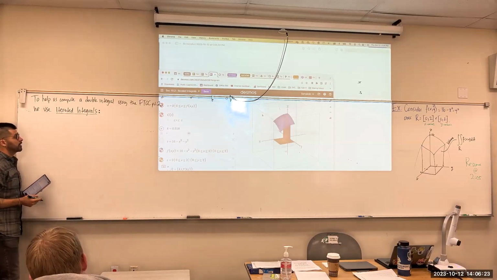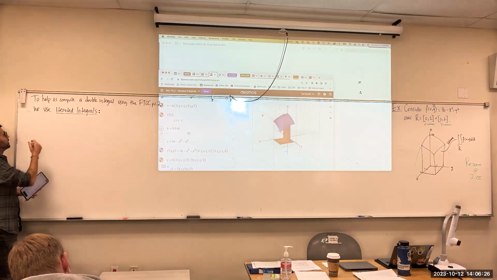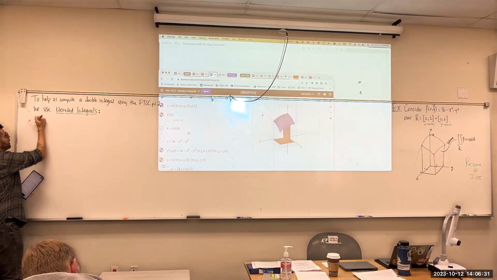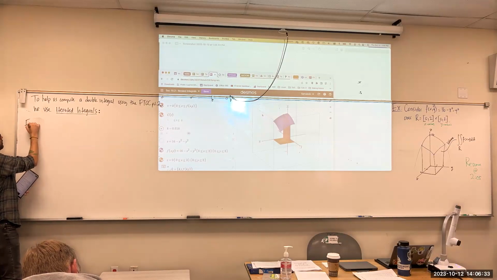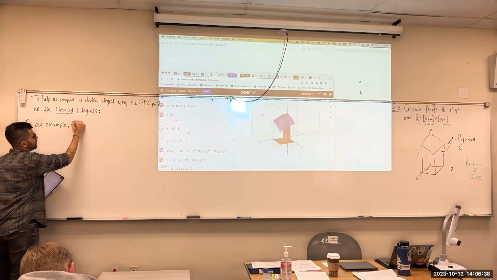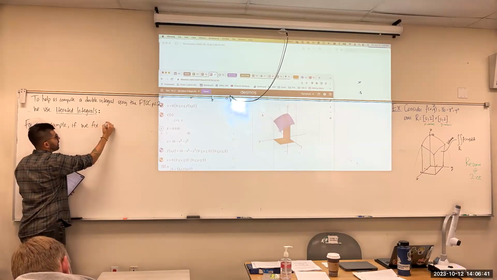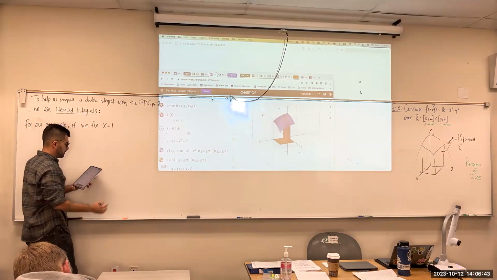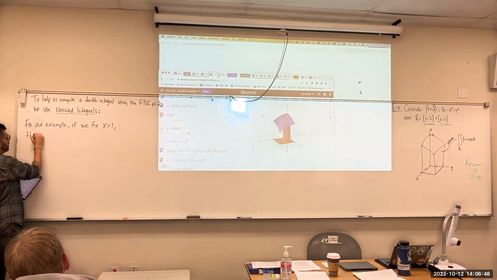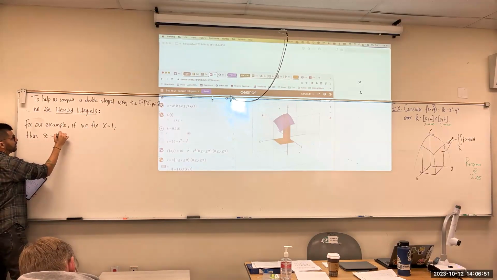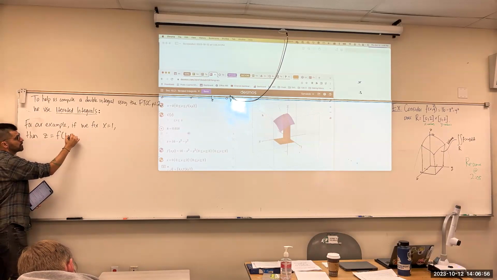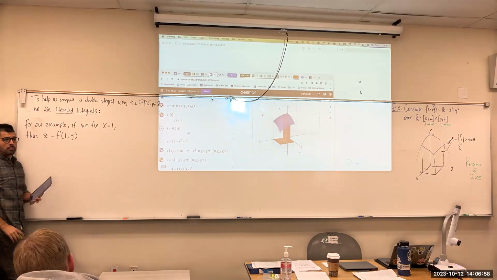And here's the strategy that I was mentioning. If we fix x to equal 1, then z can now be found through the function by plugging in all the points of the form 1 comma y.